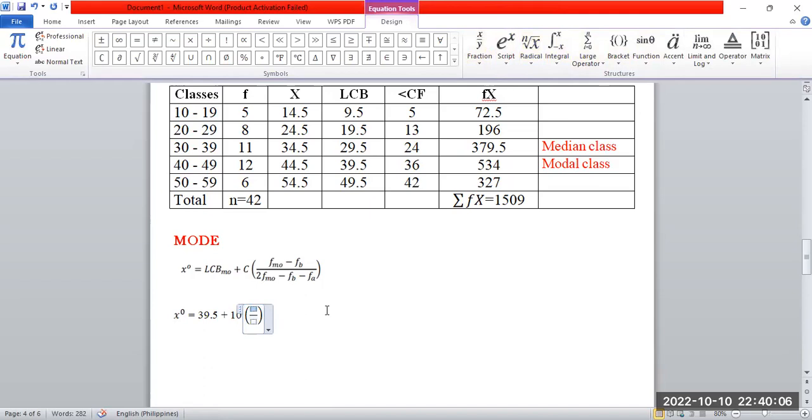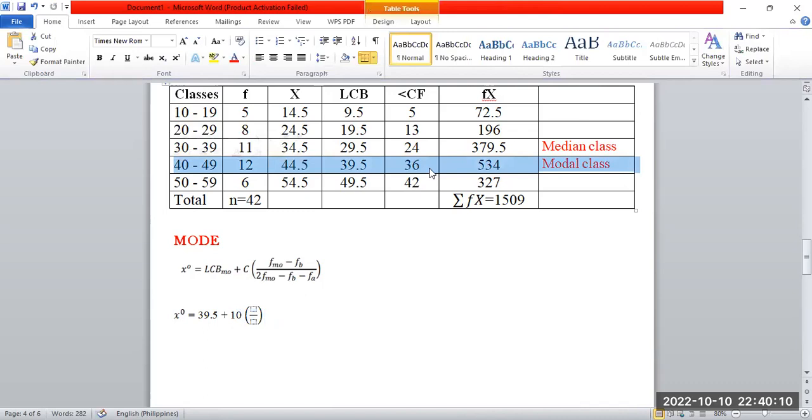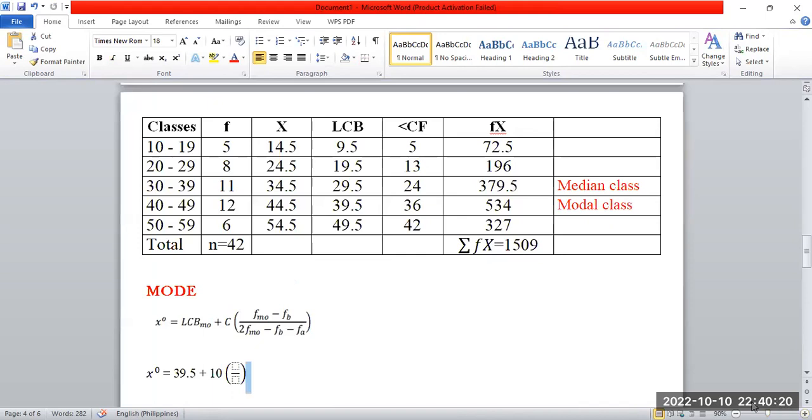Okay, so the frequency of the modal class. This is the modal class. Saan yung modal class? Frequency. Okay, so that is 12. So we have 12 minus, ano isa?